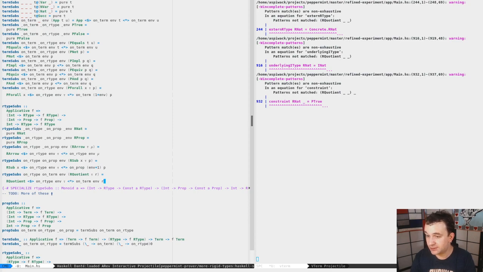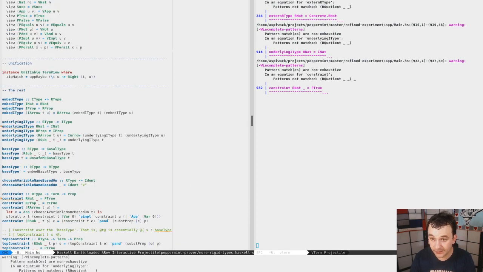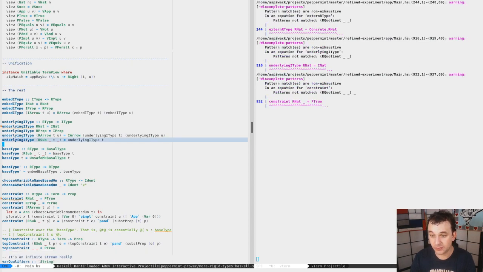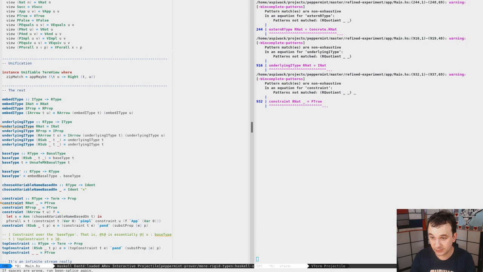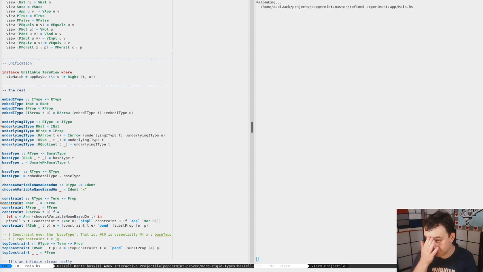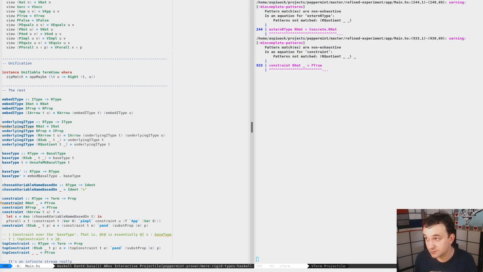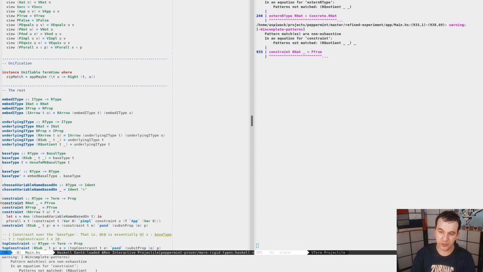Pattern matches are non-exhaustive. There are more. Underlying I type. All good questions. R quotient TR. Yeah, I don't need this. The underlying type of this one, we might have to complement it with the relation.